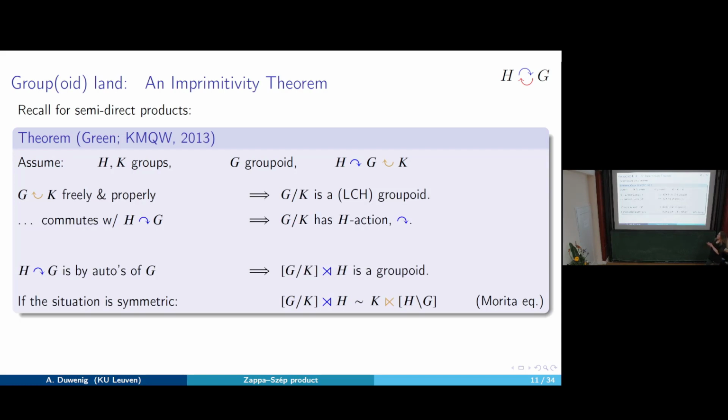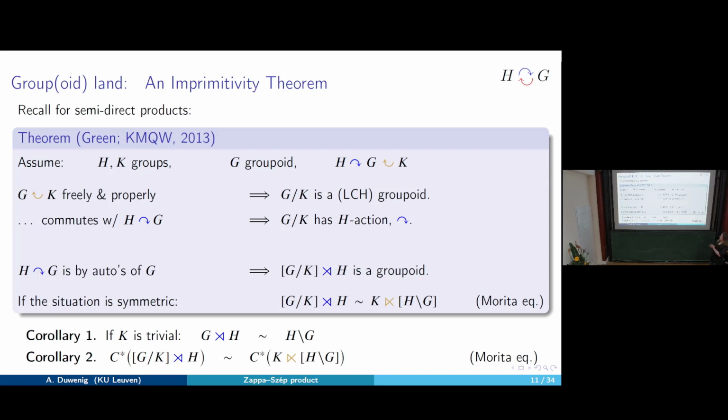And then if you have all of these things for both, so not just for yellow and blue, but for blue and yellow, then these semi-direct product groupoids are Morita equivalent. So that's a standard fact. As an example, if one of the two groups that are acting is trivial, say K, then the semi-direct product is Morita equivalent to the quotient, which is one of the motivating things when we look at semi-direct products, because sometimes quotients are not very well behaved.